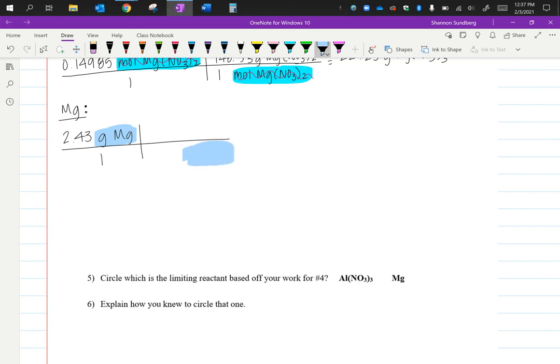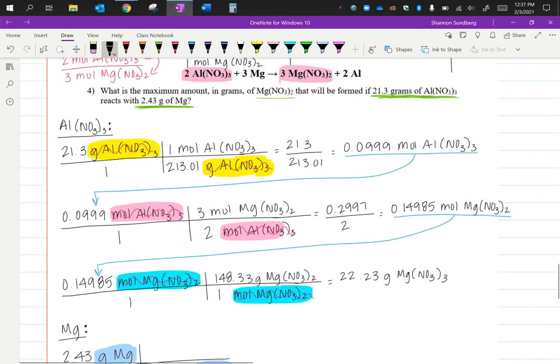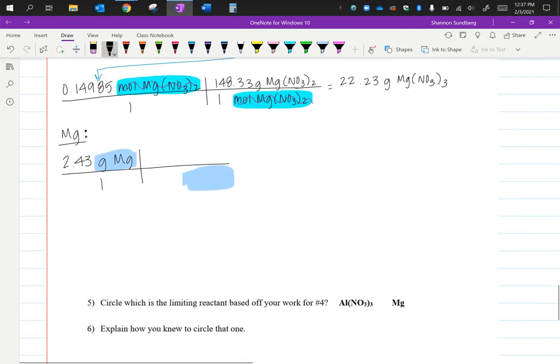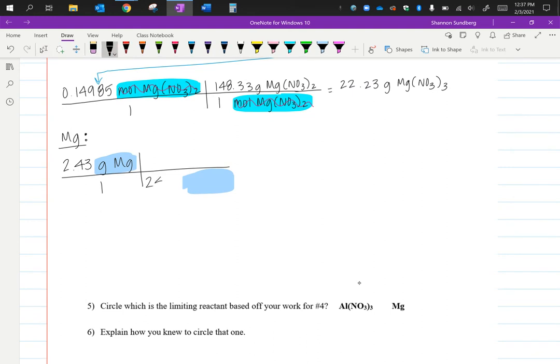Okay, so I'm going to scroll up and see what I wrote up there. It looks like 24.31 grams of magnesium right over here is equal to 1 mole. So I need the grams on the bottom. So 24.31 grams of magnesium goes down. 1 mole of magnesium goes up. Multiply across the top.